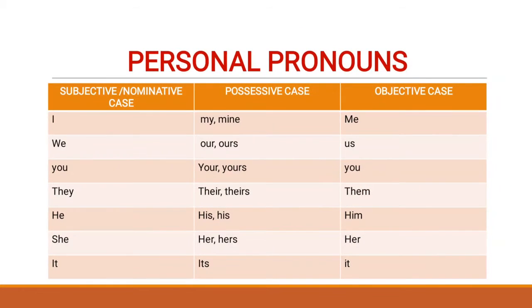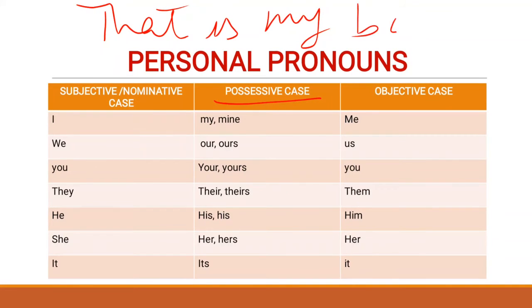Now, let's move on to third step, that is third case, that is possessive case. Possessive word has come from possession, which means to own something. Example, when I say that is my book, here I am emphasizing on the fact that this book belongs to me or I own this book.